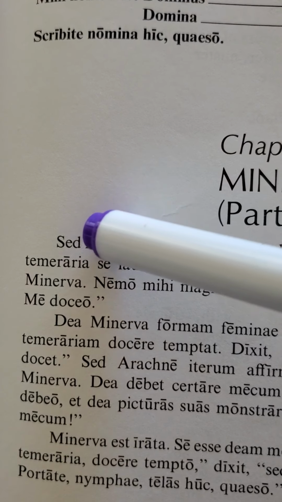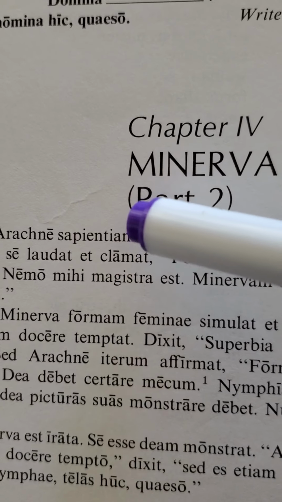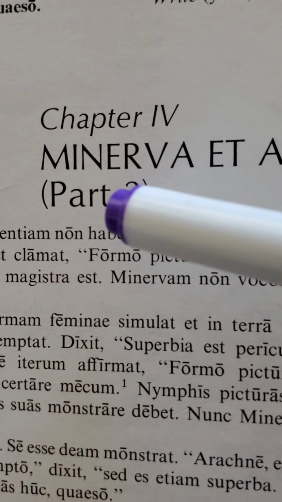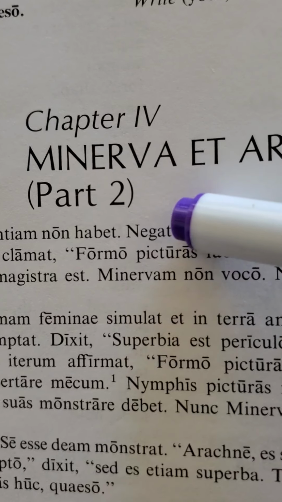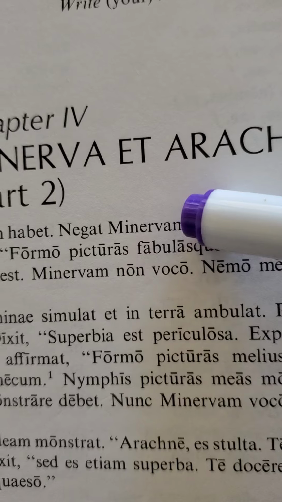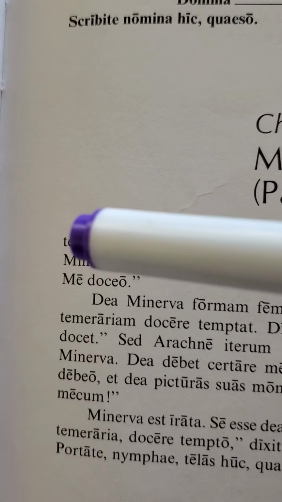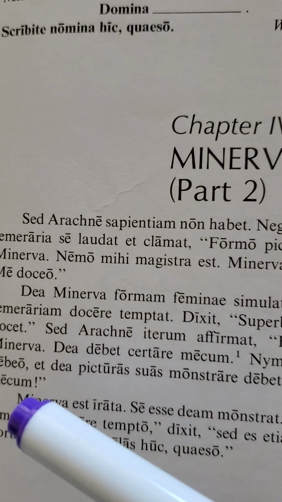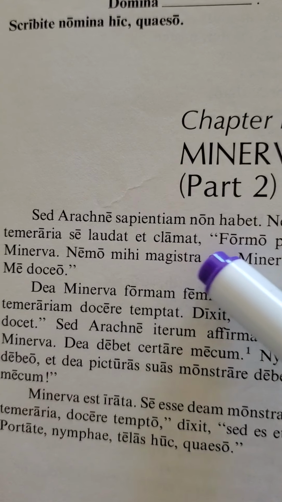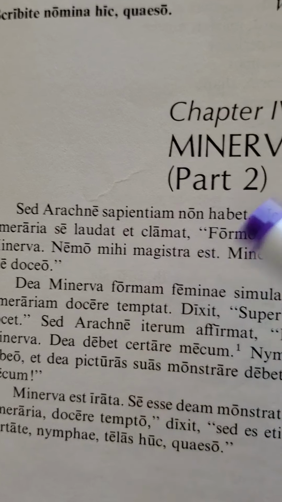She praises herself, that's one of our words in our word list, and she exclaims, I form pictures and stories, accusative, better than, melius quam, Minerva. Nemo, no one is teacher to me. No one teaches me.